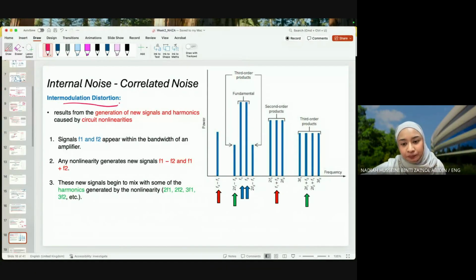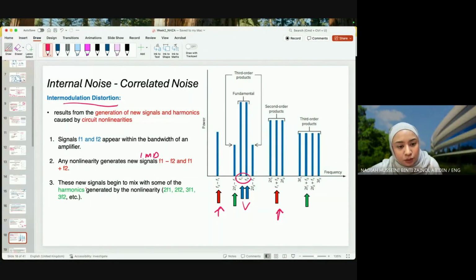So let's see. We have two signals, F1 and F2. Due to intermodulation, any nonlinearity generates new signals. This is IMD. Any nonlinearity generates new signals, F1 minus F2. From this combination, you have this and this, F1 plus F2, F2 minus F1 from these two signals.